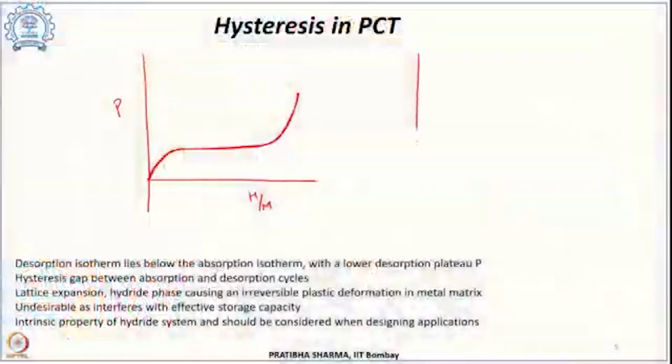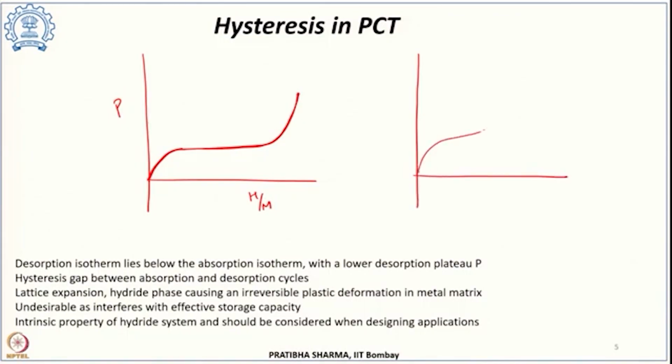But in actual practice, for the actual hydrides, this is the absorption curve, while during desorption the same curve is not retraced; rather, the desorption curve lies below the absorption curve. So, if pressure and concentration are plotted, this is, let us say, the absorption curve, and after reaching the maximum capacity, if we want the hydrogen to be released, the curve obtained during desorption is different, lower than the absorption curve.